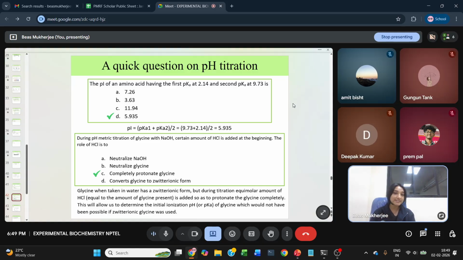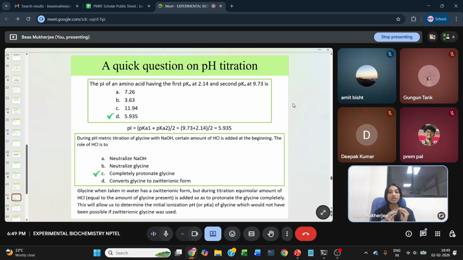What is the role of HCl? It completely protonates glycine. So it's a pH metric titration with NaOH, and the pH is gradually increased. It is going to completely protonate glycine initially. Glycine when taken in water has a zwitterionic form.